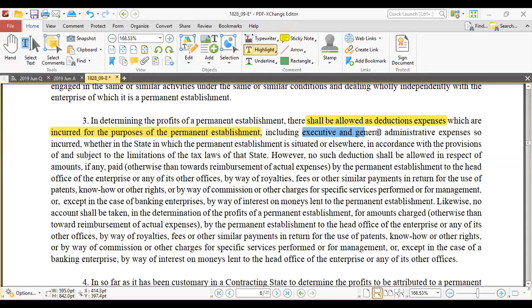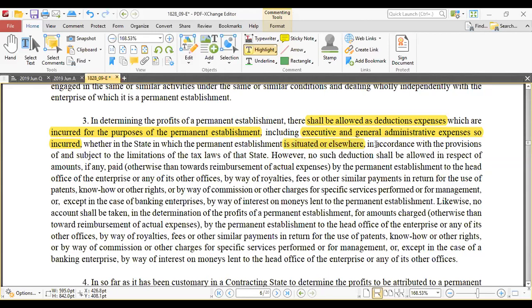Including executive and general administration expenses incurred in that state where the PE is situated or elsewhere, in accordance with the provisions. Here, in accordance, you can deduct general administration expenses incurred for the PE situated there or elsewhere.